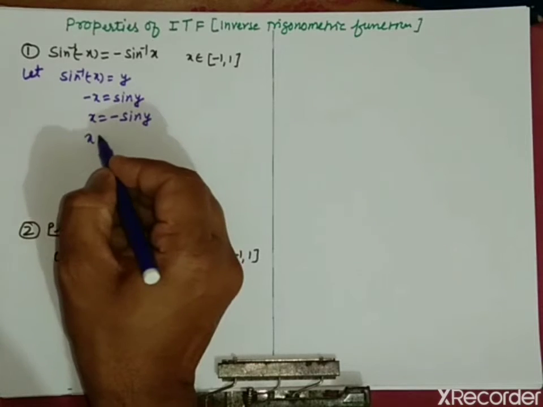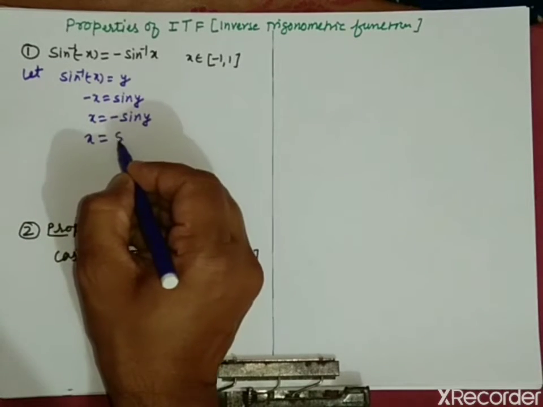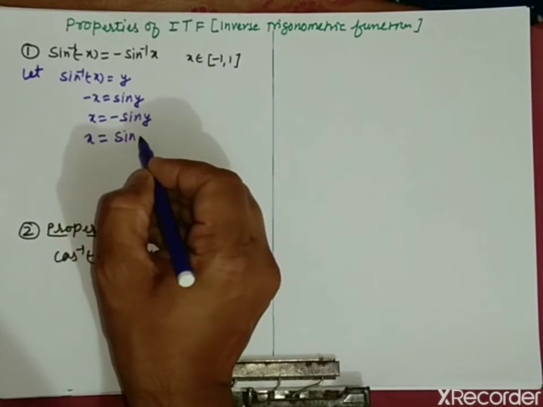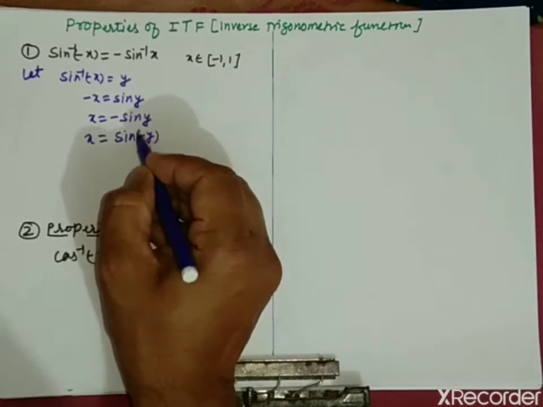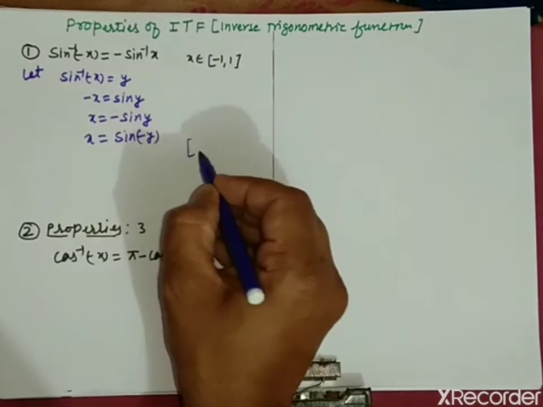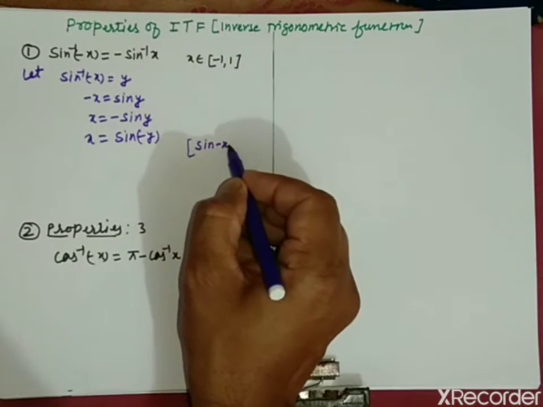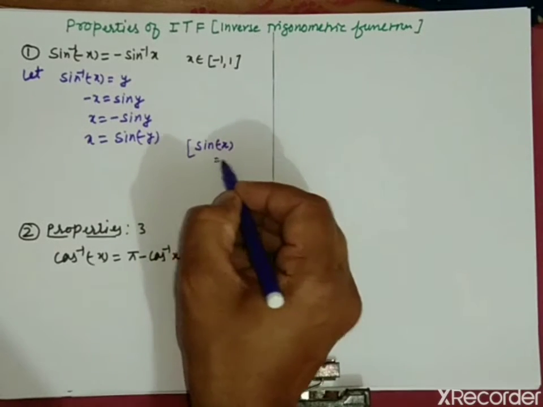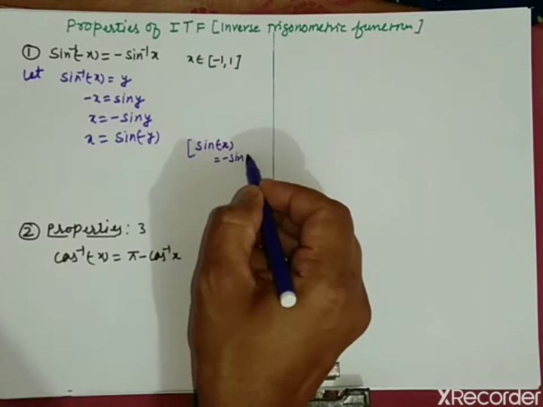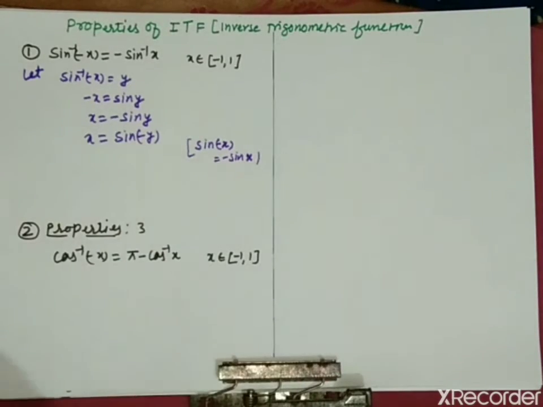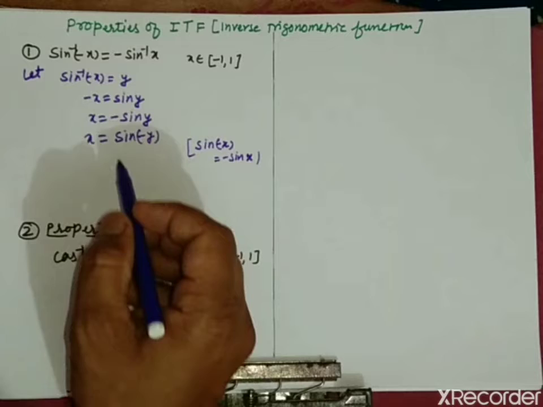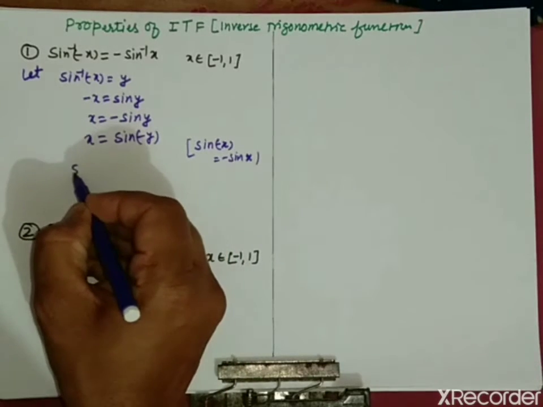Also x is equal to sine minus y. Clear? And the reason is sine minus theta is equal to minus sine theta. Clear?